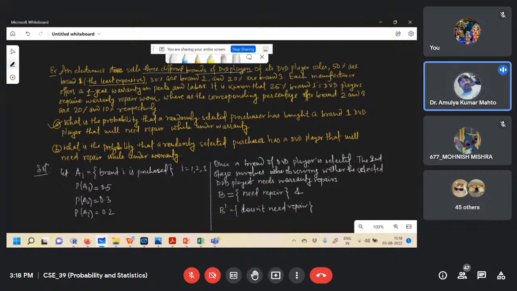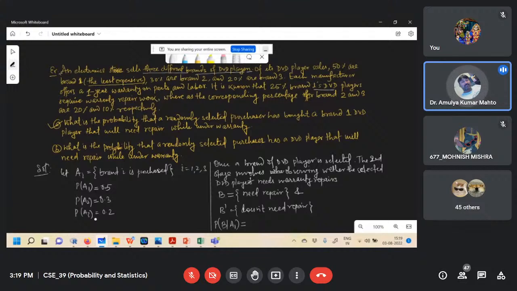Once the DVD player is selected from some brand, you can see the probability of B given that the product is of brand A1, that it needs repair. What is the probability? From the problem, 25% of brand 1 DVDs need repair.